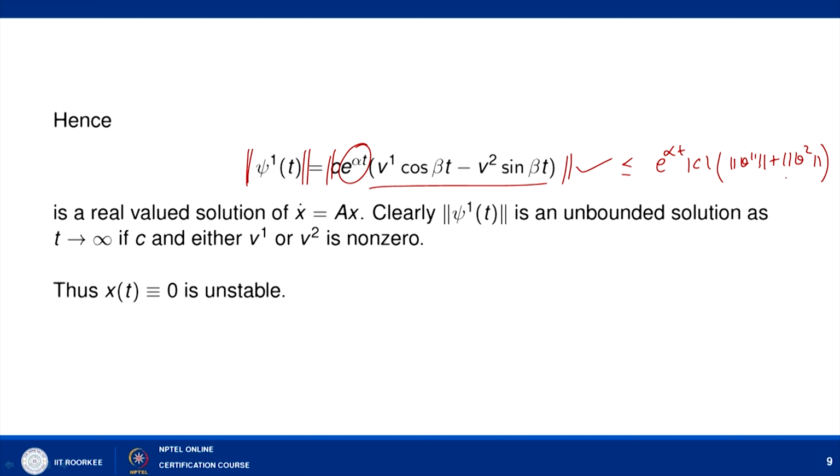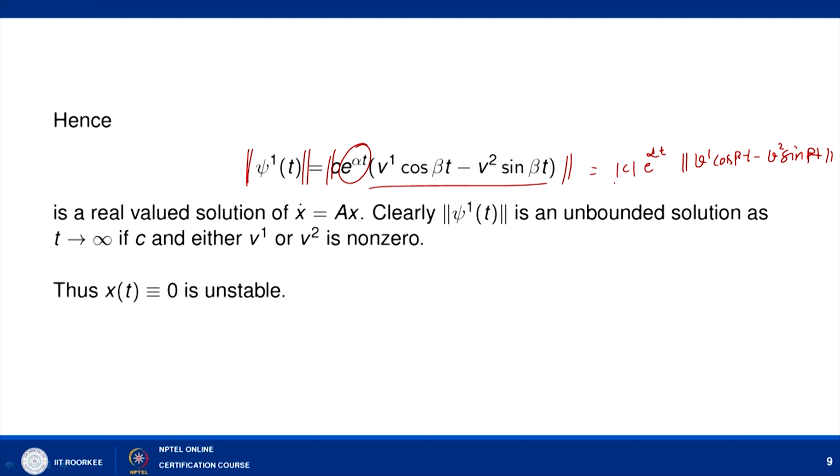So here we can calculate the norm of psi 1 t, which is given as the norm of c e to the power alpha t times V1 cos beta t minus V2 sin beta t, and this I can write as modulus of c e to the power alpha t and the norm of V1 cos beta t minus V2 sin beta t.